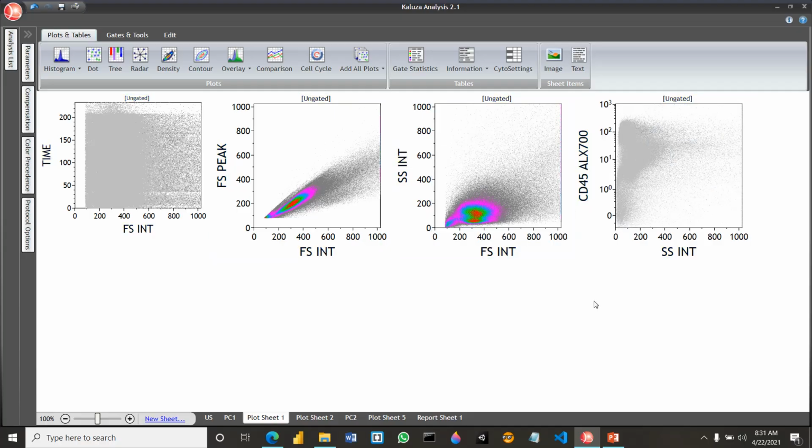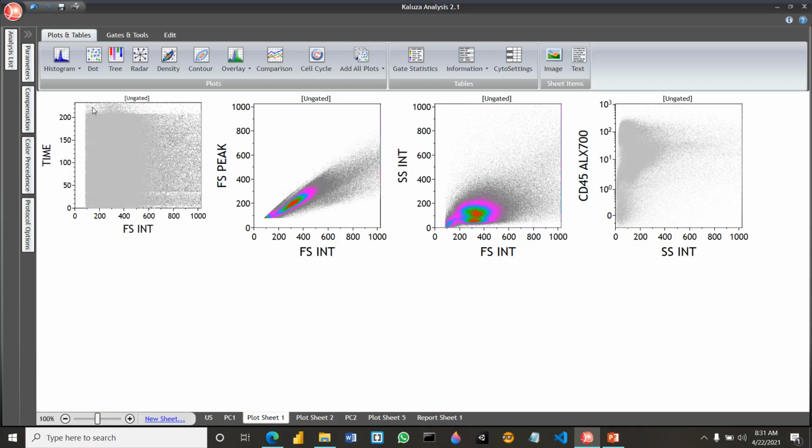Okay, so let's start with the first case. These are the basic plots we have. I'm not going into the history because we'll discuss the analysis part unbiasedly. These are the basic plots where we see the time plot, as everybody knows, to see whether the acquisition was smooth, whether there are any bubbles or anything wrong with the acquisition.